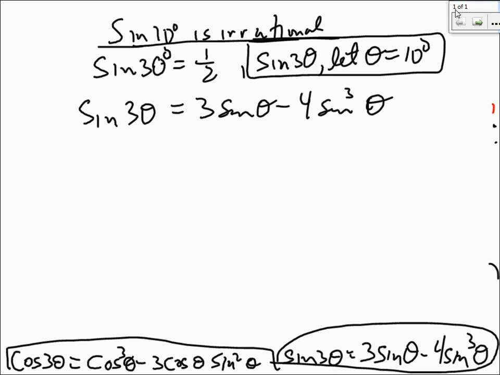Okay, and again, let theta be 10 degrees. So this is 1/2. Now, we know that the sine of 10 degrees, this is a key point.